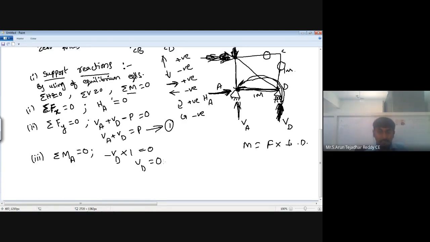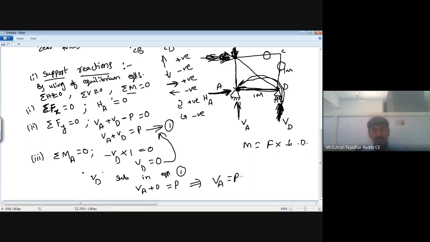And this VD, substitute in equation 1. Then it is VA plus 0 is equal to P. VA is equal to P. So now write the support reactions clearly.